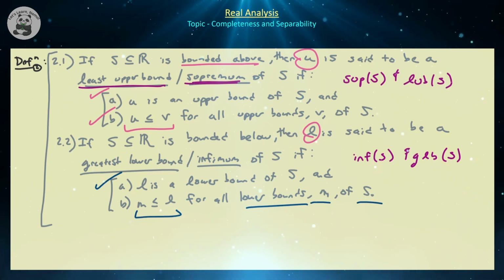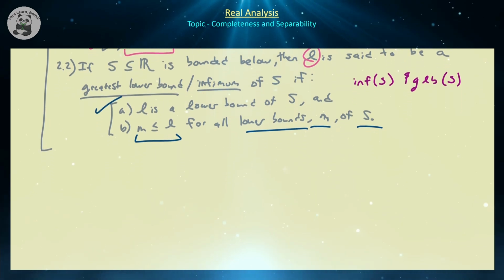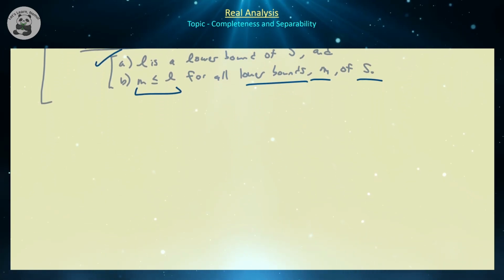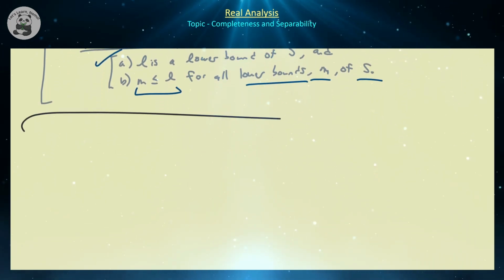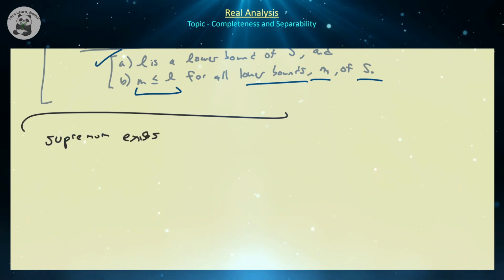So let's talk through a couple little corollaries or lemmas that you get from these definitions, just to see that you're ready to be equipped with counterexamples. If the supremum exists, that means it has a least upper bound.